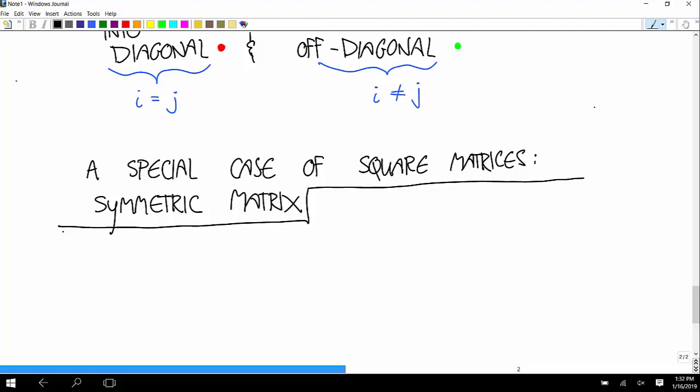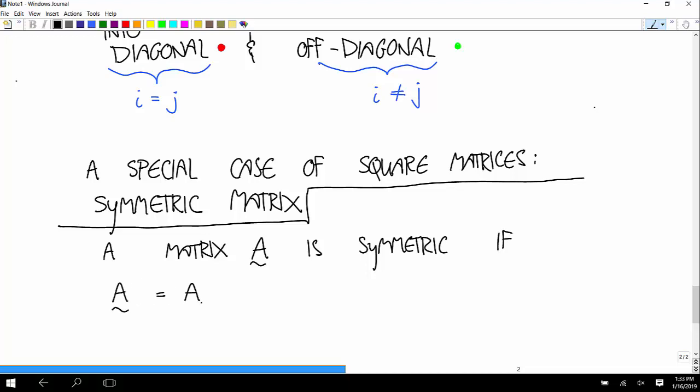A matrix A is symmetric if A is equal to A transpose.